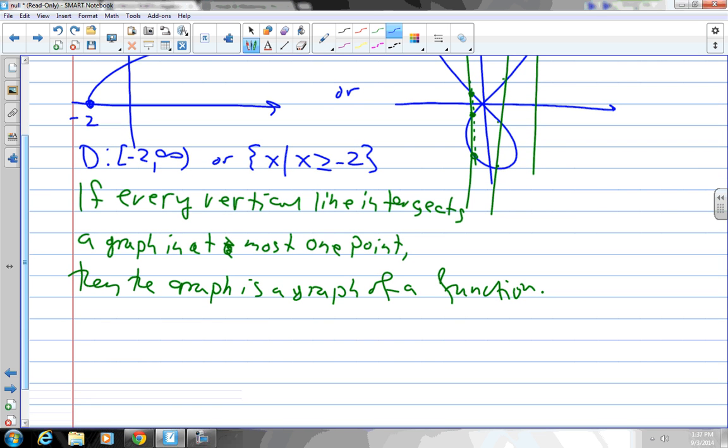The range here would be from 0 to infinity, or the set of all x's such that x is greater than or equal to 0. Again, you see I'm using x although I'm describing the y-axis, but that's okay, because it just builds a set. It'd be a little more politically correct if I used y, but it's not an issue. Okay?